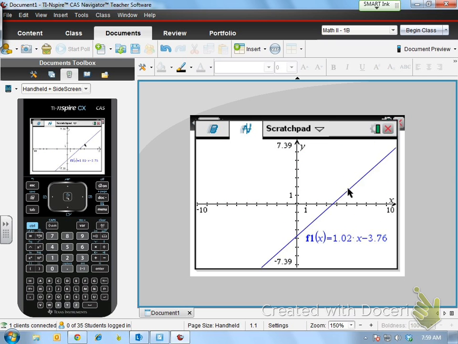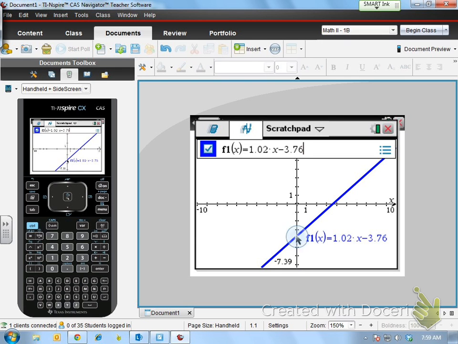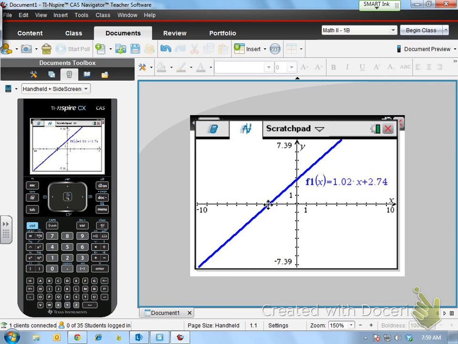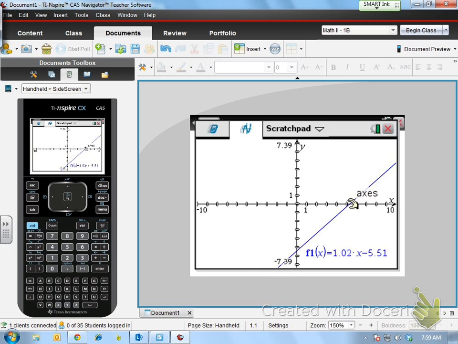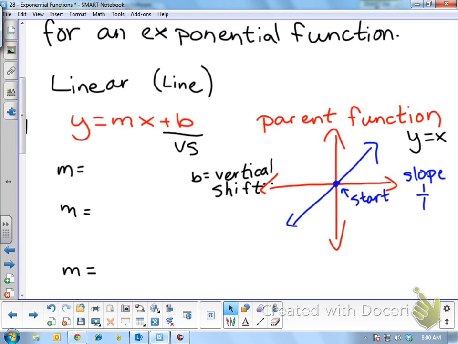So when you move a line horizontally, quadratics, it really changes things. But when you move a line, it's still considered a vertical shift because it's still considering just where your line is crossing the y-axis. Notice that number is still where we cross the y-axis. So even though it's changing, that number on the right is still looking at where it's crossing the y-axis. So with a line, we don't really ever consider a horizontal shift. With a line, it only ever has a vertical shift. So there is no horizontal shift.